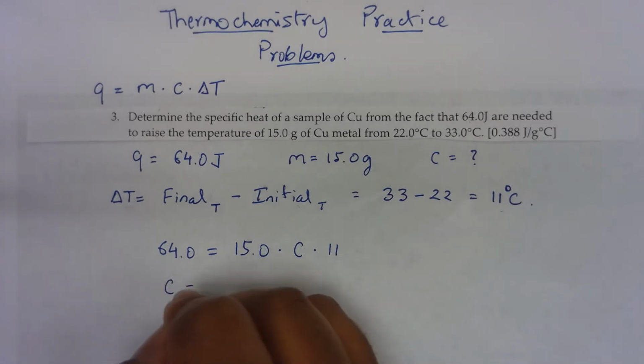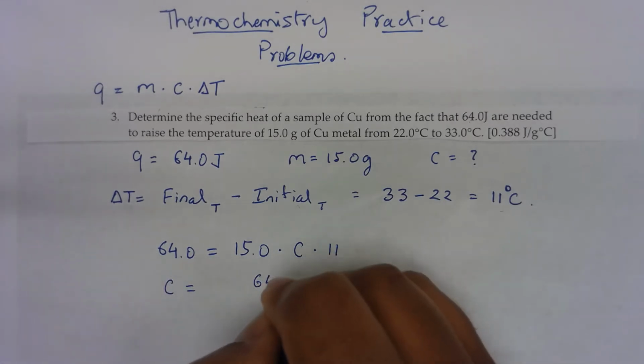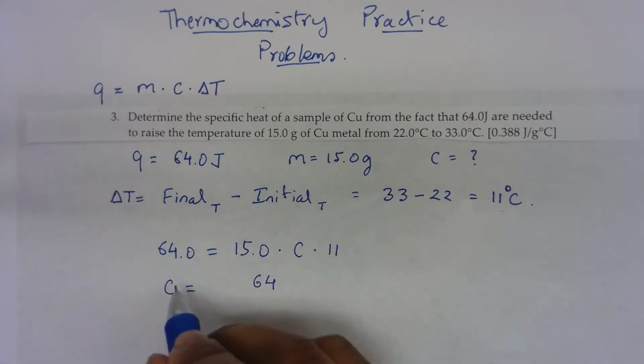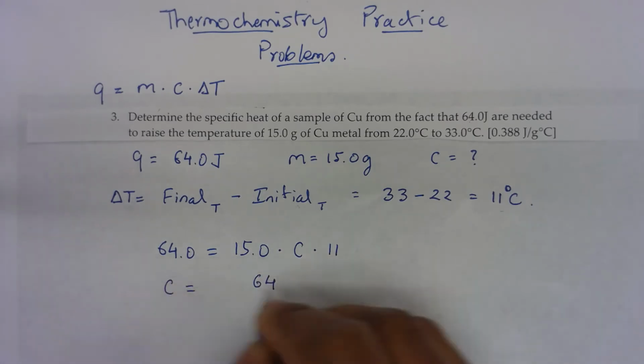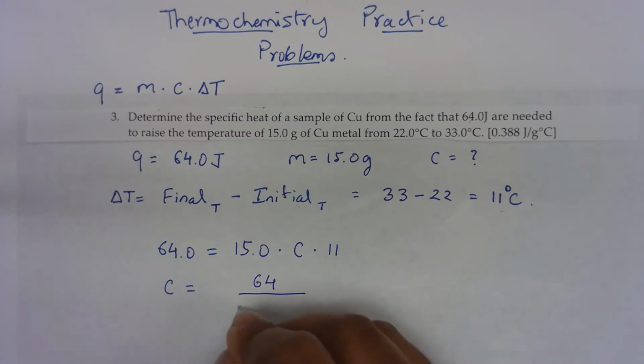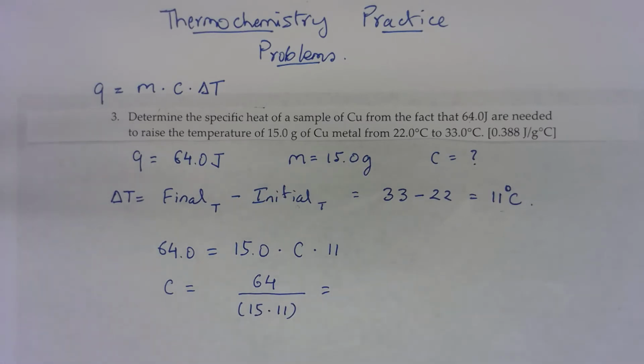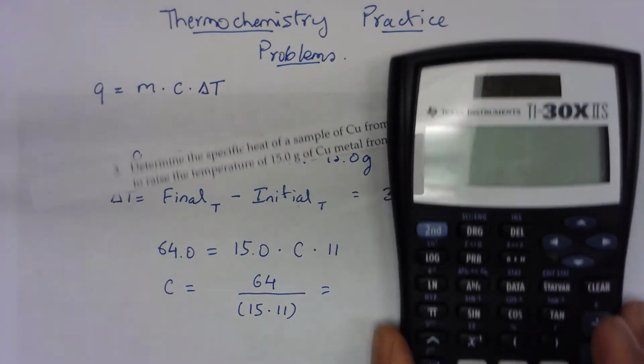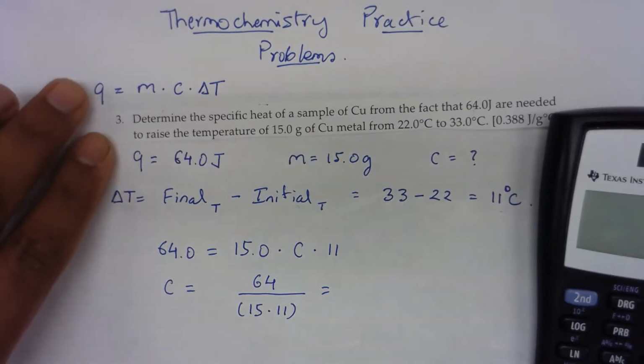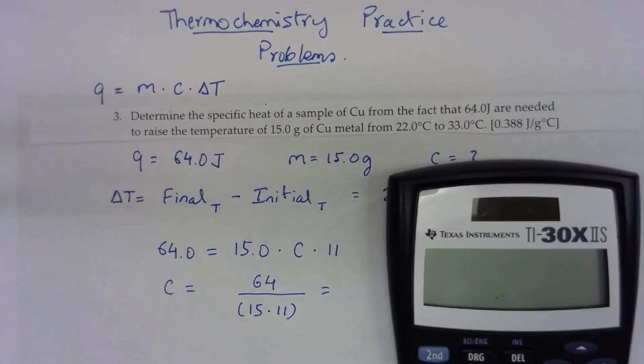And so now to solve for C, I will have to move the other two numbers to the other side, right? So 15 and 11 have to go on the opposite side. So you do 64 divided by 15 times 11. So you have to put these in parentheses.